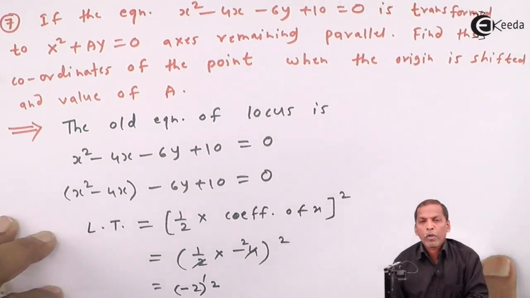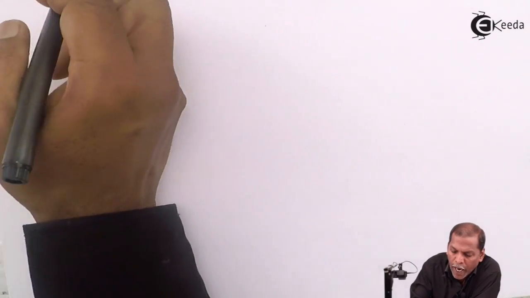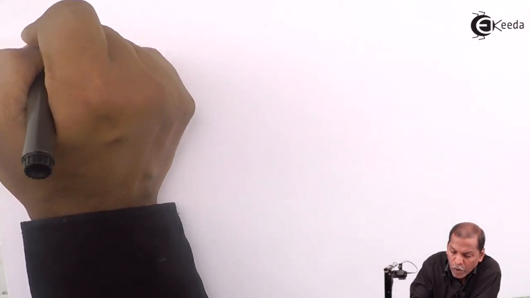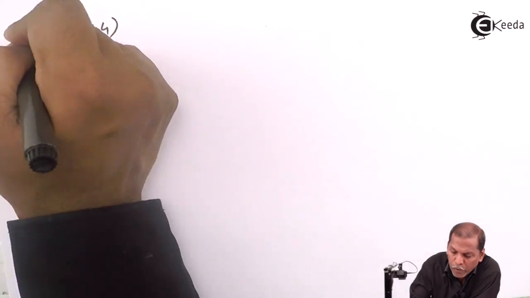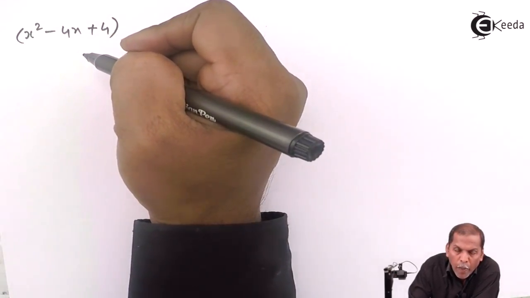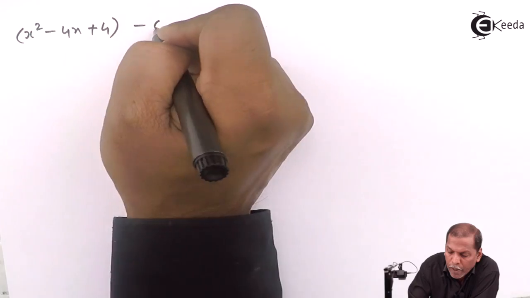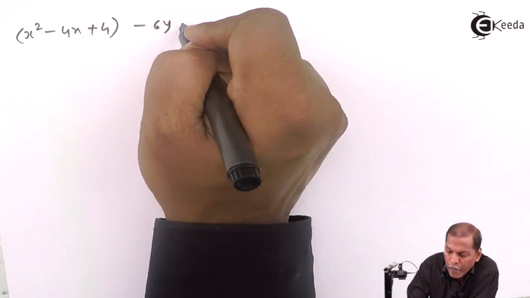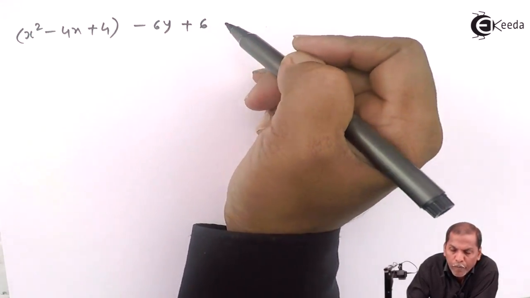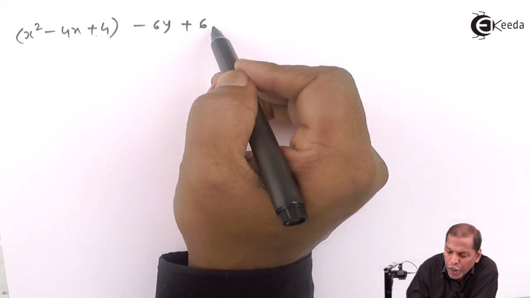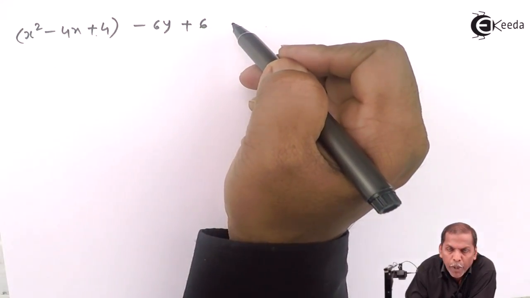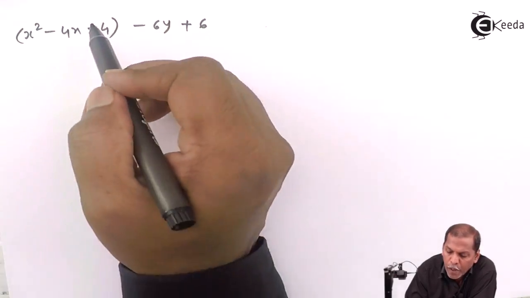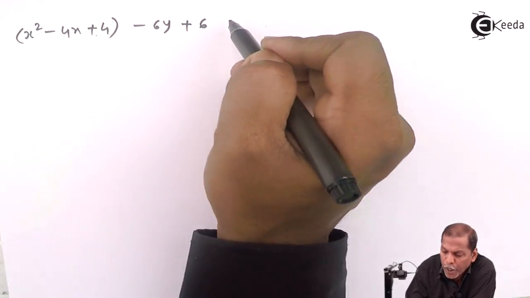So therefore the above equation can be written as x square minus 4x plus 4. Then the remaining terms are minus 6y and plus 6. Now plus 4 plus 6 gives us plus 10, so it means we split up 10 as plus 4 and plus 6.